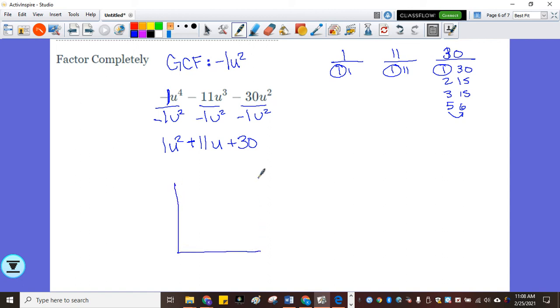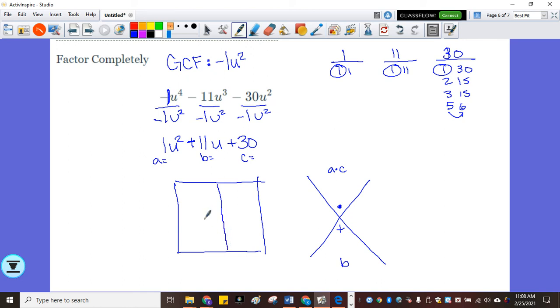And now we do the box. So A is 1. You're using the one we just did.